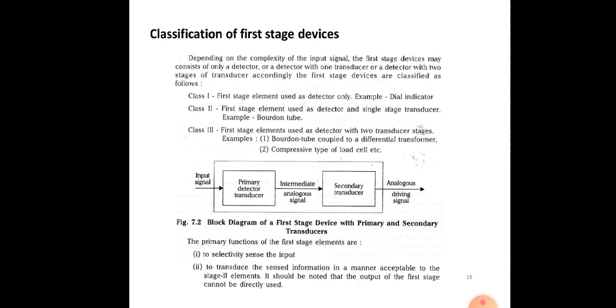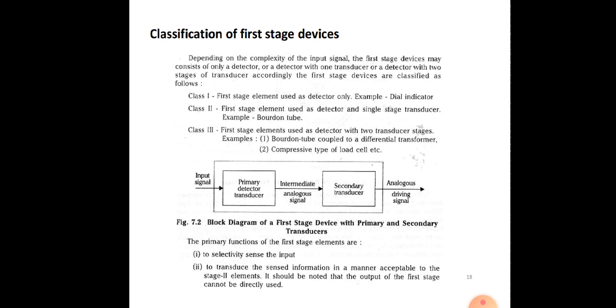Class 1 is a first stage element used as a detector only. For example, the dial indicator used in your laboratory. Class 2 is a first stage element used as a detector and a single stage transducer.